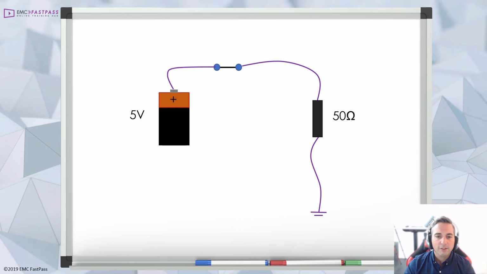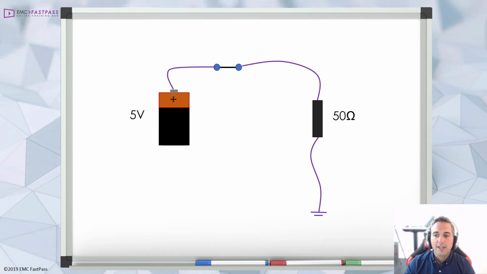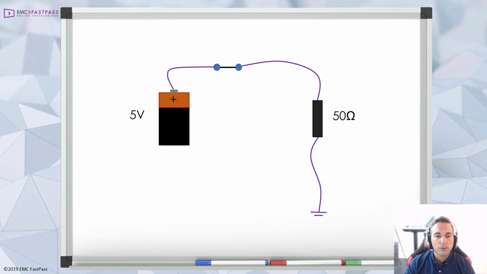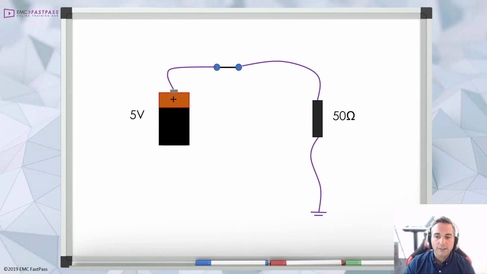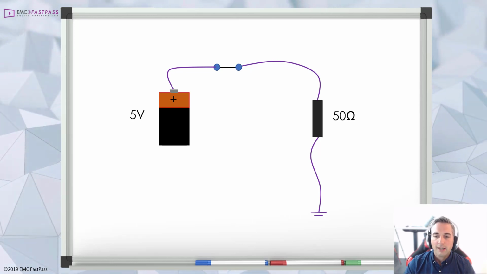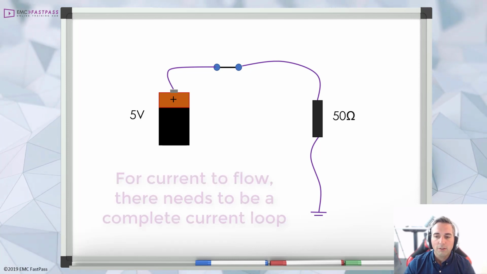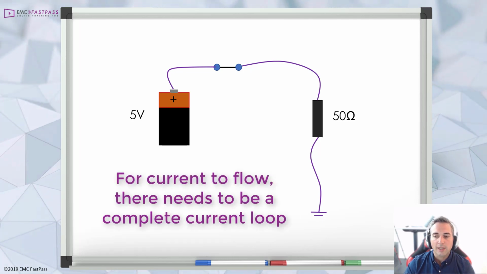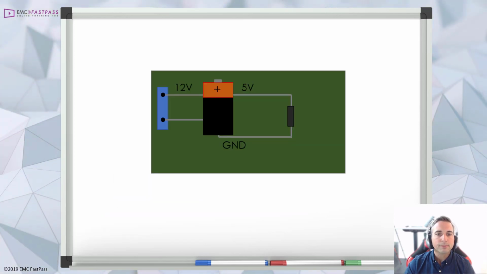The positive end of the battery goes to the same potential as the connection, and the negative terminal floats to minus 5 volts. So we can see that for the current to flow, there needs to be a complete electrical loop. And this is essentially what Kirchhoff's current law says, that the sum of all currents flowing into and out of a node is 0 in a closed system.